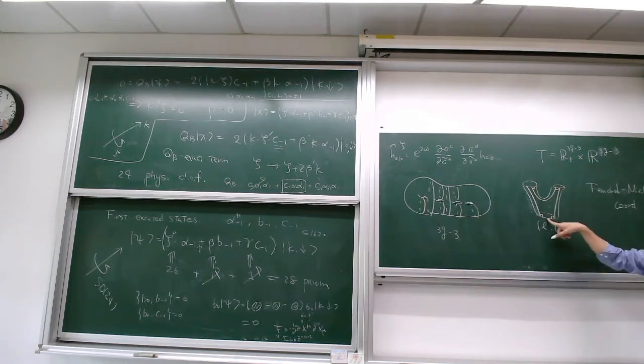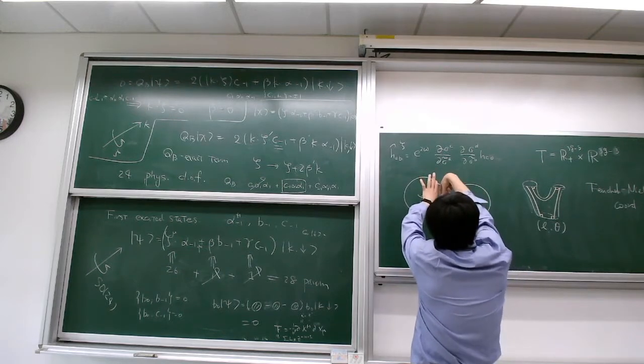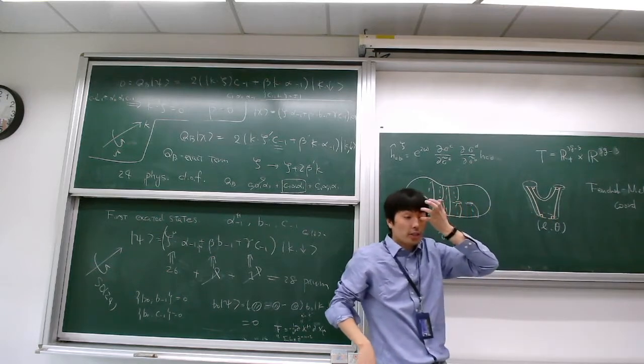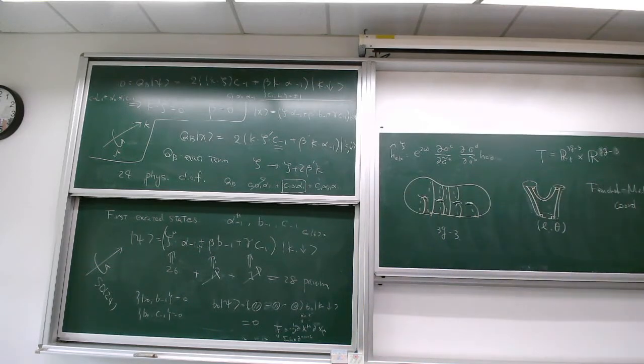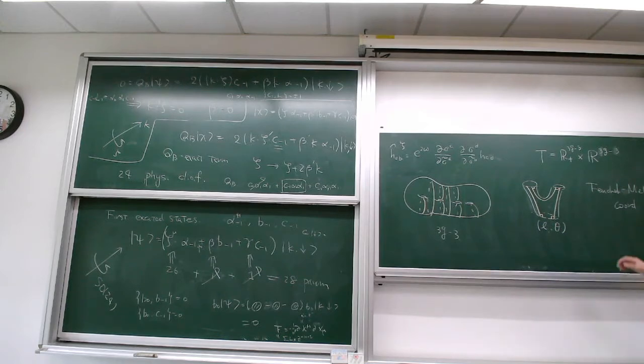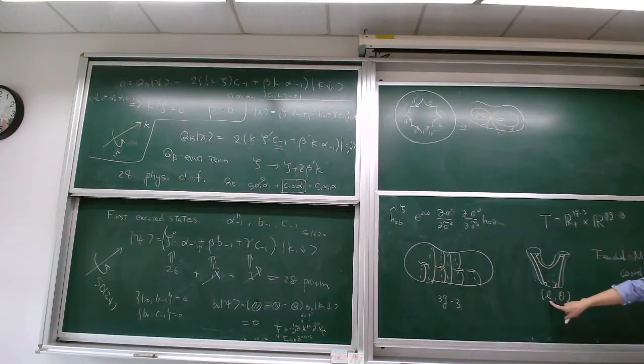When you glue this edge to another edge, you need to specify how to glue the angle. So the length of the edge and the twist is called the Fenchel-Nielsen coordinate. That will determine the shape of this Riemann surface. Essentially, this is Teichmüller space. So R plus is the coordinate for the length L, and there is a coordinate for theta, and there are 3g minus 3 ways to cut the Riemann surface.